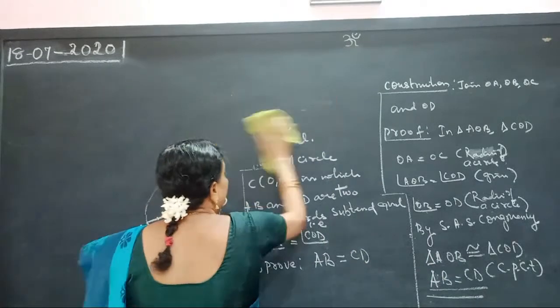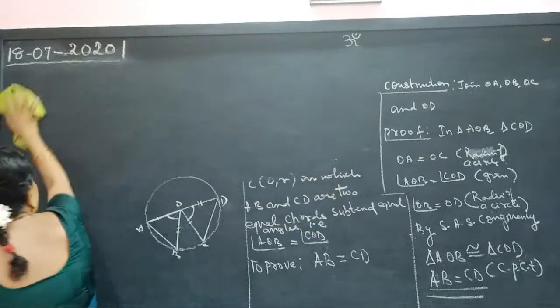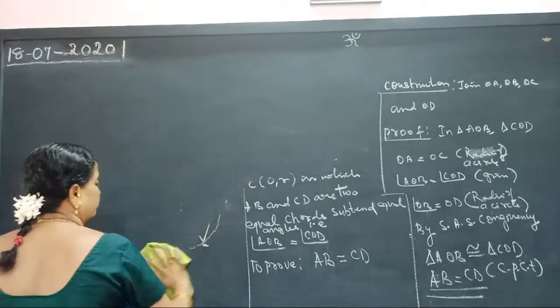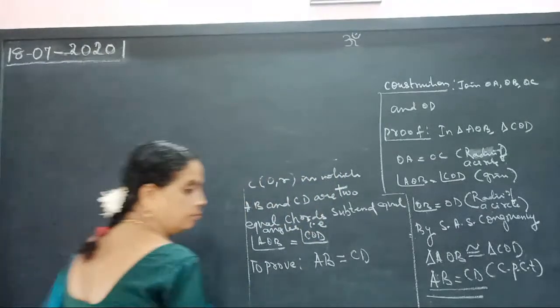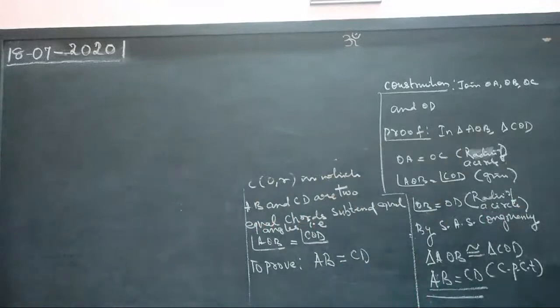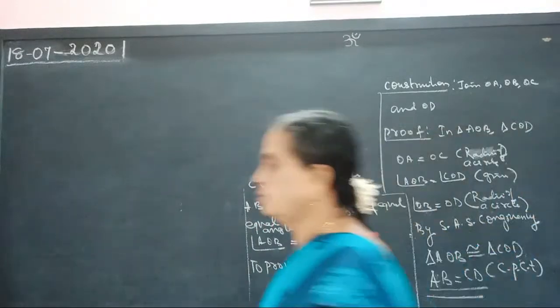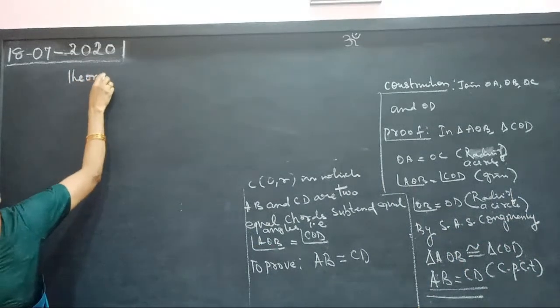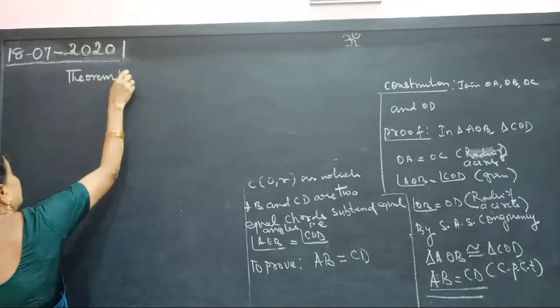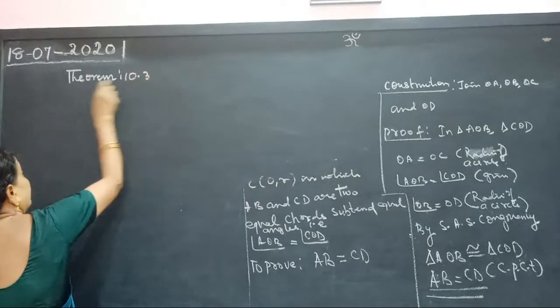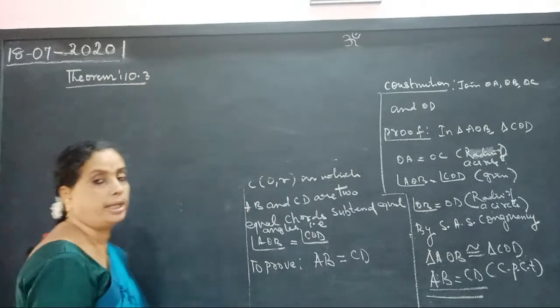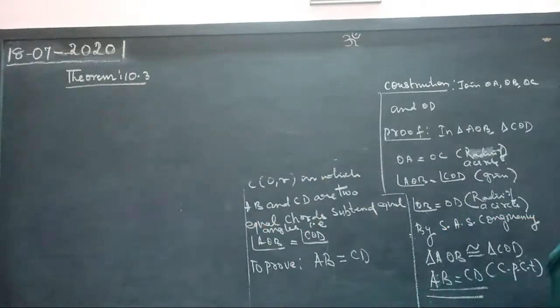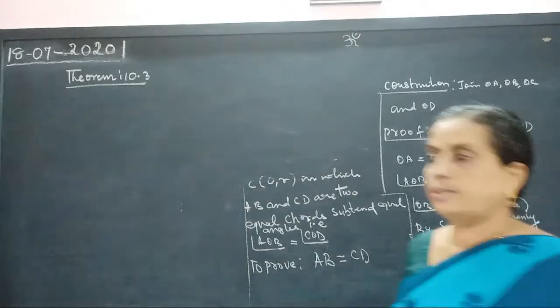Theorem 10.3. The perpendicular from the center of a circle to a chord bisects the chord.